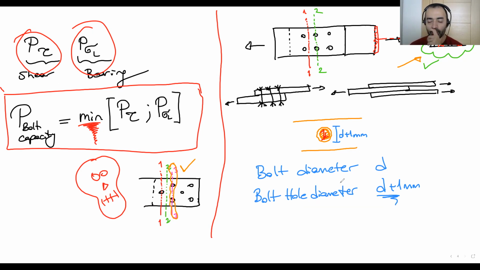Okay, how do we give you the bolt diameters? Bolt diameters like this. For example, the bolts are named like M20.